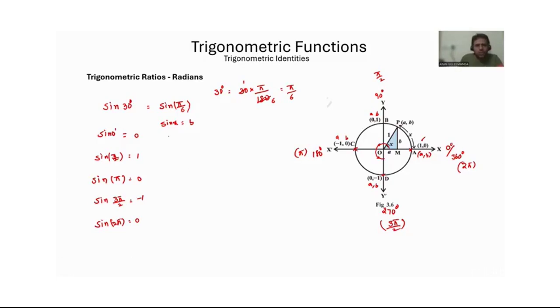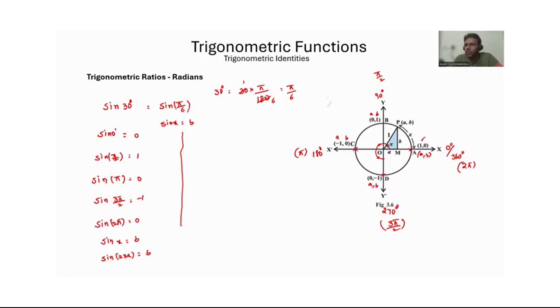From this, what can we observe here? The sine value is equal for every 360 degrees of rotation. You understand? So for every 360 degrees of rotation, the sine value becomes equal. That means if sin x is b, then sin(x + 2π) will also be b.